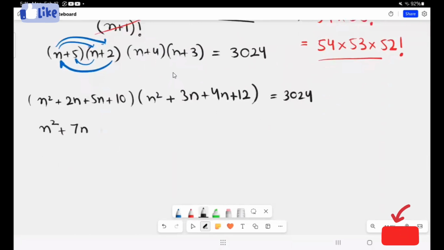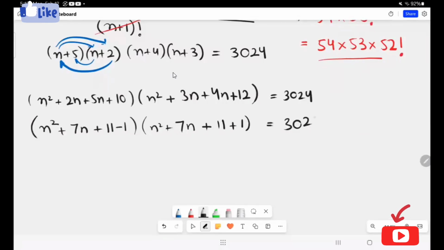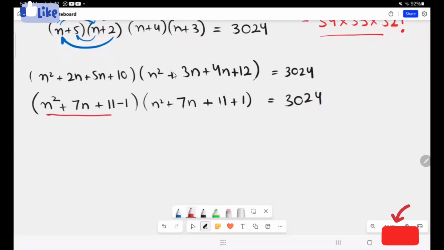It's 7n. This I'm going to write as 11 minus 1. n squared plus 7n plus 11 minus 1, and n squared plus 7n plus 11 plus 1.